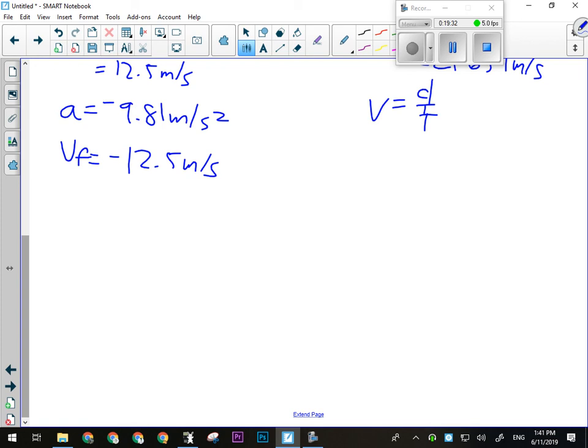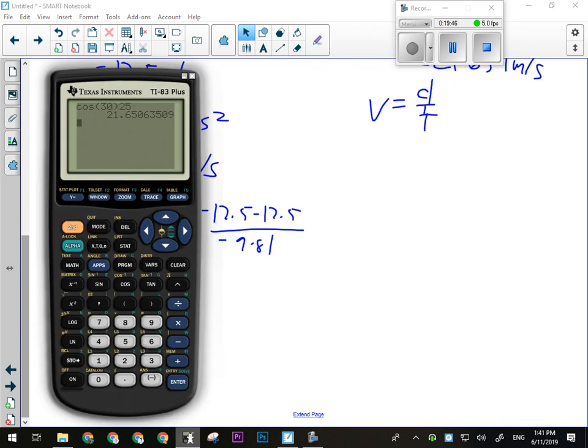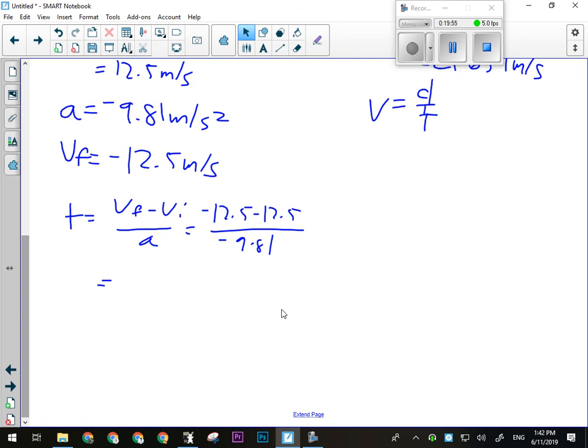That's going to be T equals VF minus VI over A. So negative 12.5 minus 12.5, divided by negative 9.81, will give me my time. So 2.55 seconds.